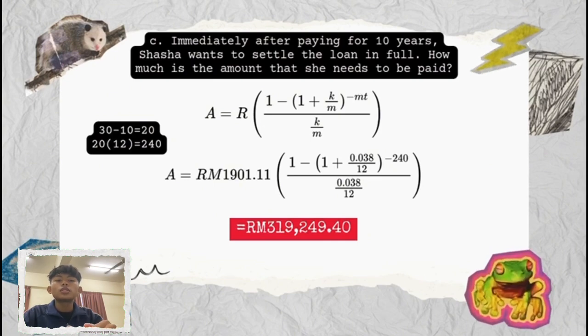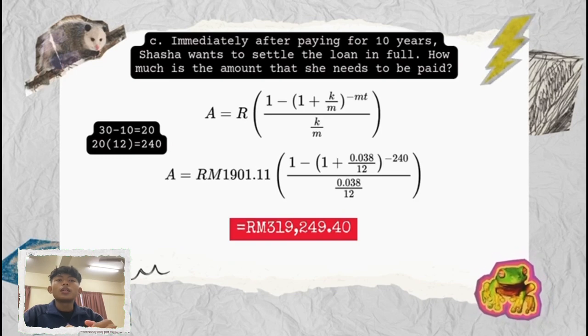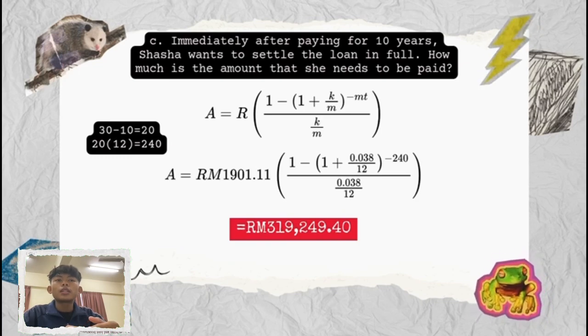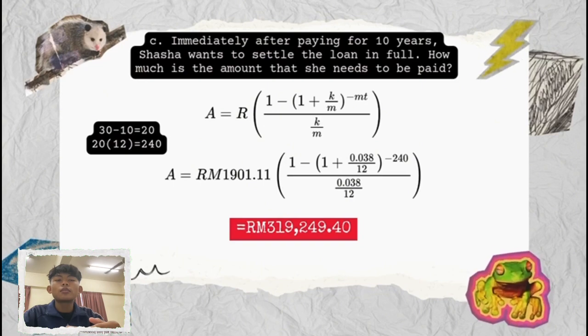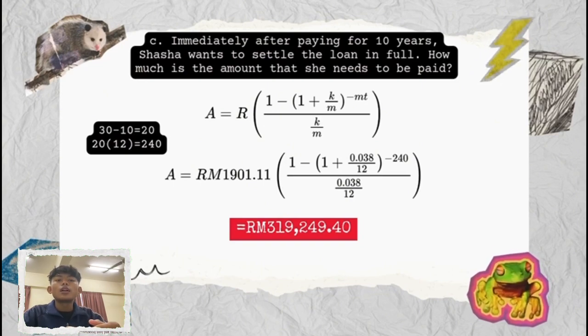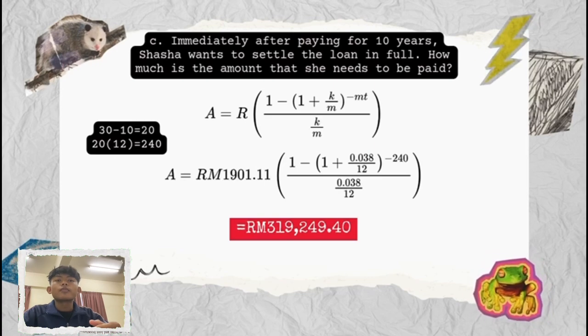So we need to use formula A. A equal R, 1 minus 1 plus K over M, negative MT, over K over M, which means A is a present value.